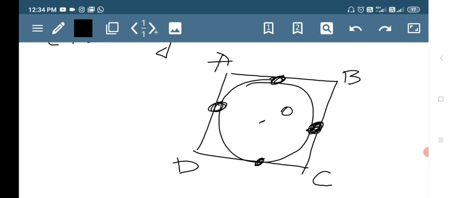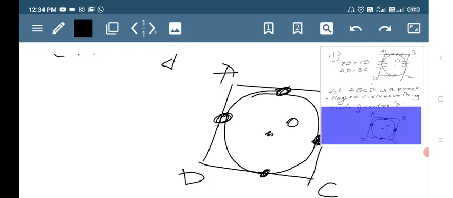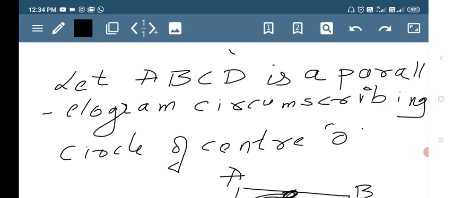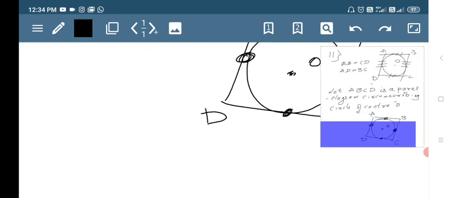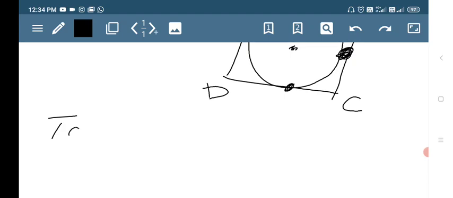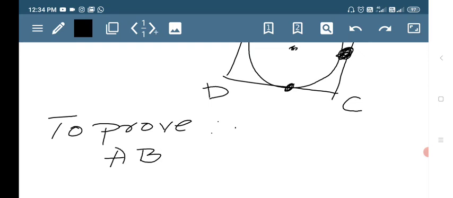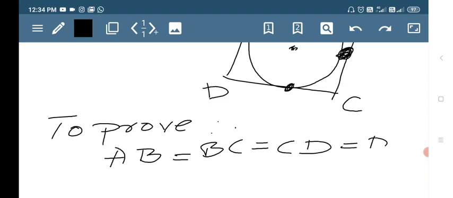With center O, look here, let ABCD be a parallelogram circumscribing a circle with center O. What we have to prove is AB equals BC equals CD equals DA. We have to prove that.